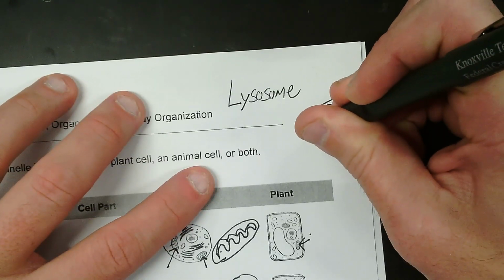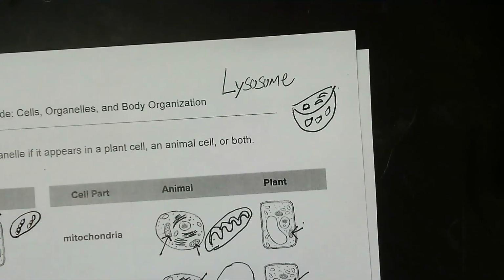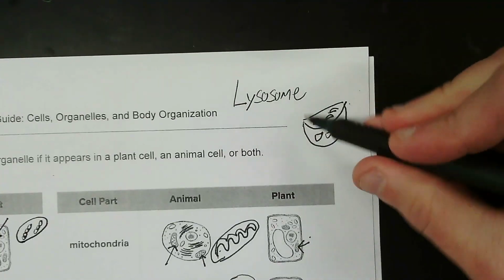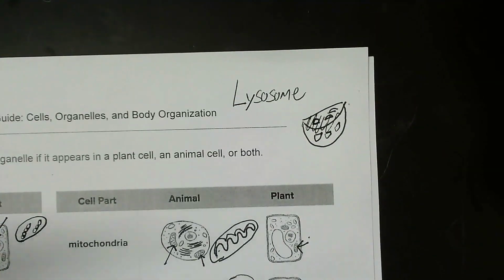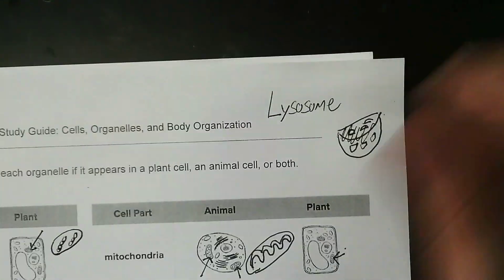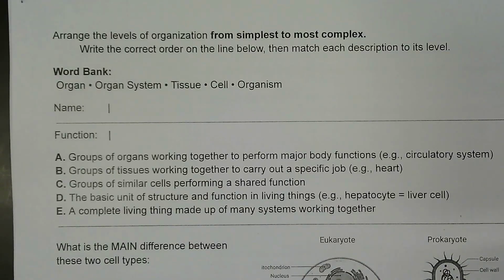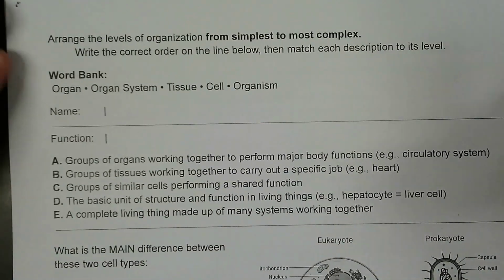Some researchers believe it's in plants, about 5%. So it looks something like this. And it's usually red, so if we had a pen, we'd shade it red. But it's the trash man. It goes around and gets rid of everything. But we'll talk about it in a minute. It didn't get left off the whole thing. It's just not right here. Okay, sorry. Got the pages switched.